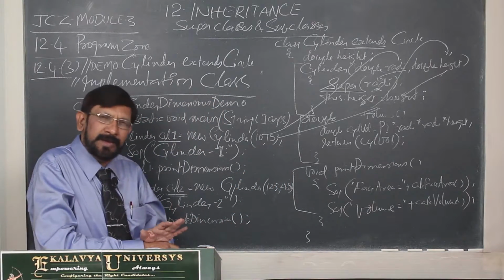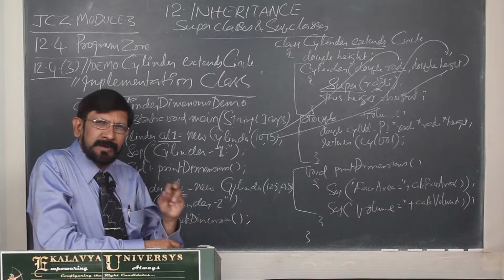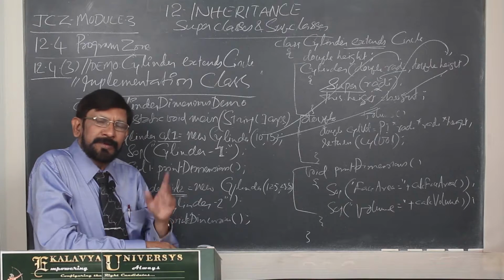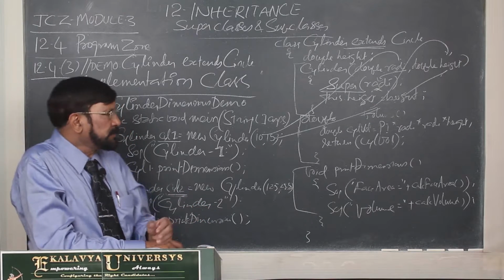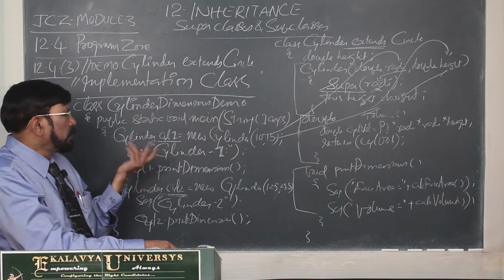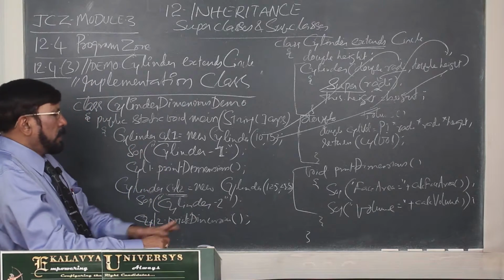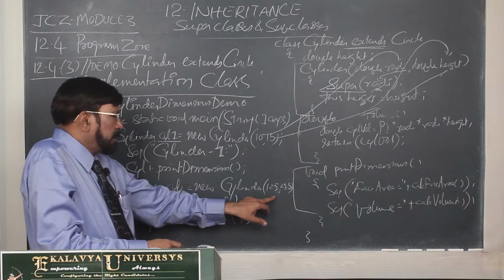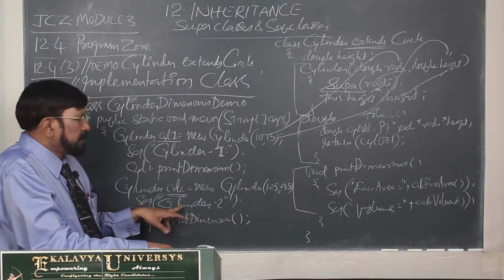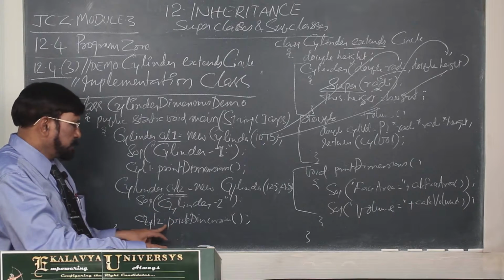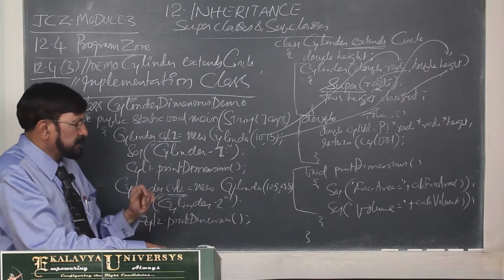It is a common error, generally most students and programmers forget. Prevention is better than cure. That is why, instead of defining float, most programmers choose double. So, that is why we are passing that. As a result of that, for cyl2, we have called the printDimensions method.